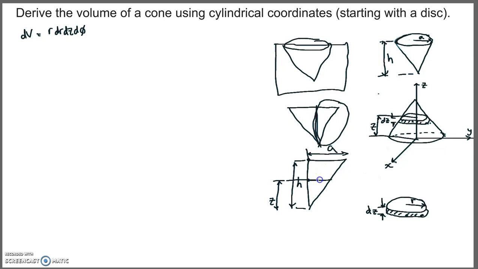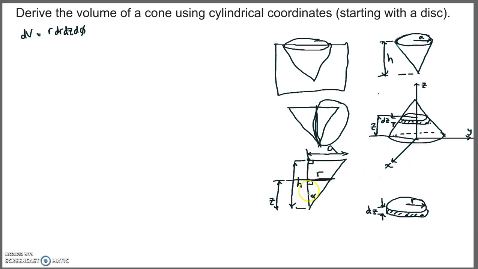And the distance from here to here represents the radius of our disk, r. So we want to find the relation between r and z. This is a right angle triangle here, and inside here we have a smaller right angle triangle. So this is a right angle, and let's call this angle alpha.